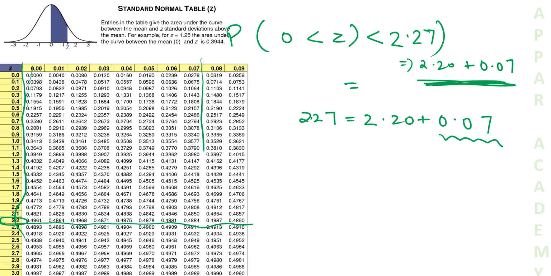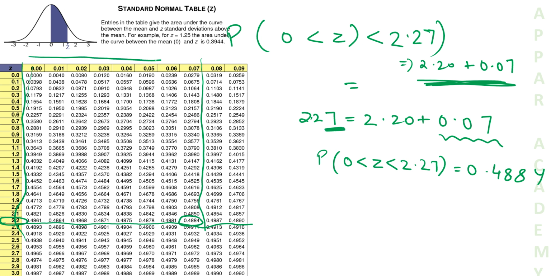So here we mark it. So what does this come up to? The probability that z lies between 0 and 2.27 is equal to 0.4884. What we did is take the value before the decimal and one place after the decimal from the rows, and the second place after the decimal from the columns. So from there we took the 0.07, and from here we took this 2.2.